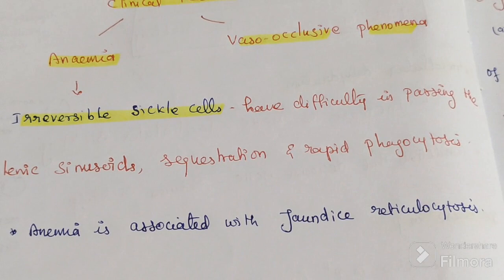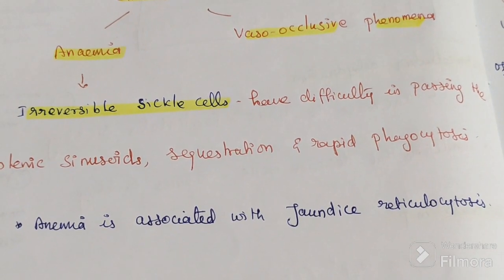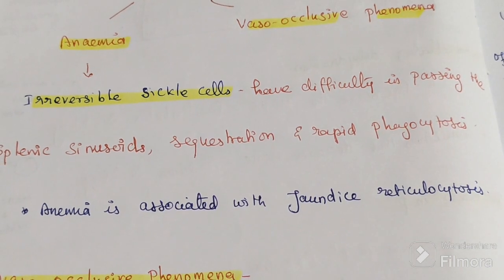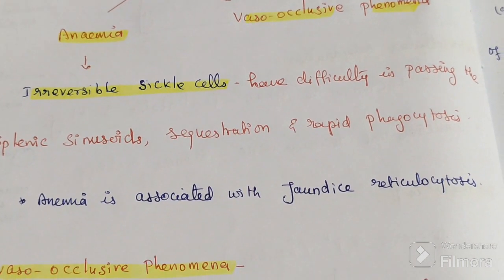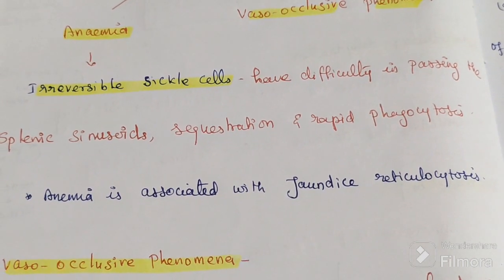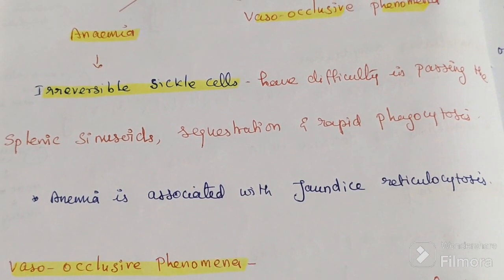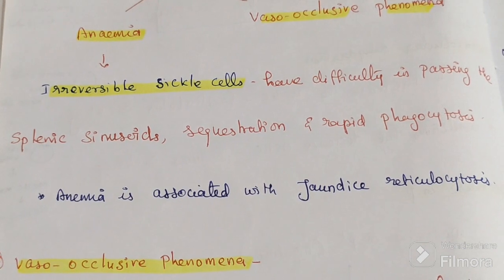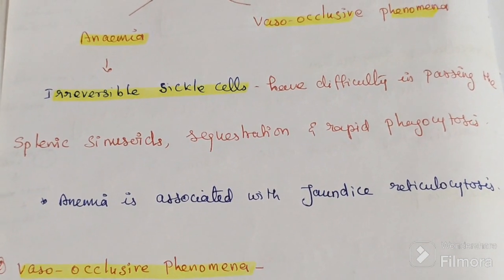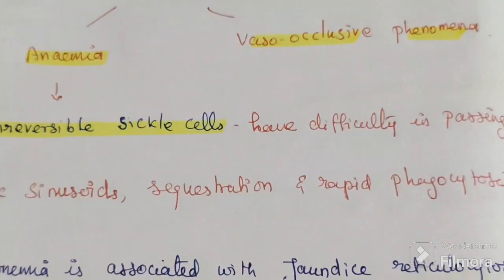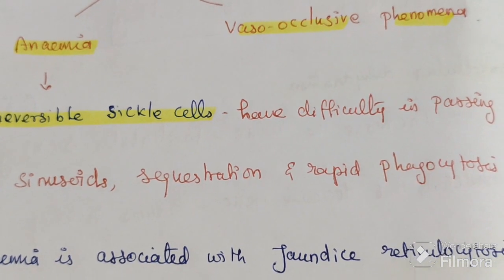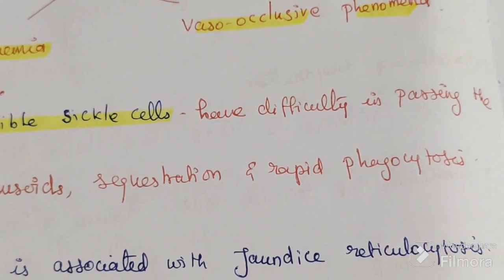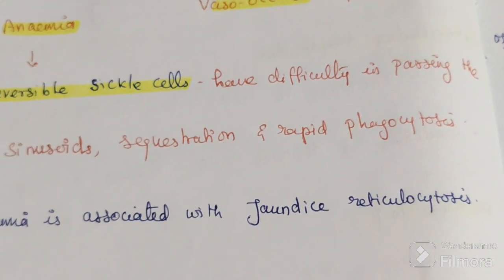Initially the sickling is reversible, but after some time the membrane of the RBC is permanently damaged, so the RBC undergoes sickling permanently. At this point, when the sickling is permanent, the cells are sequestered and phagocytized by the splenic macrophages.